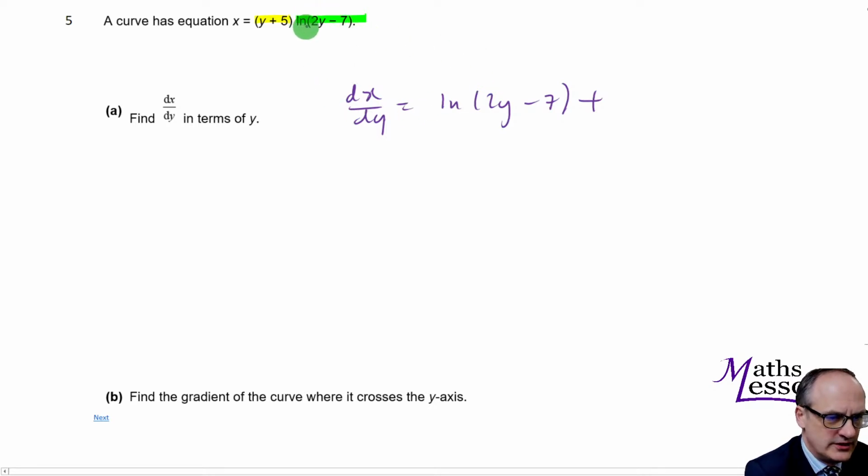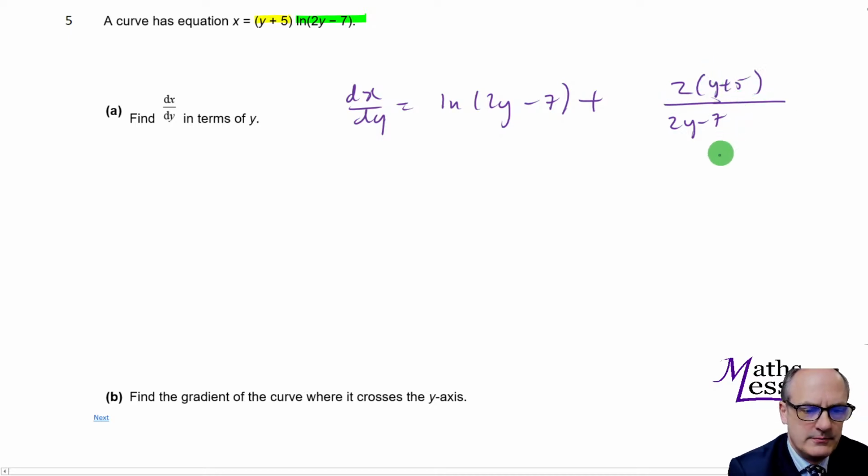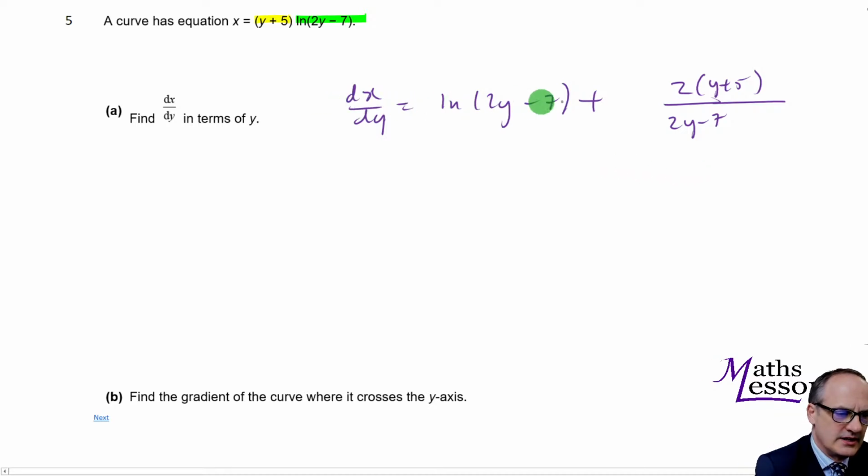Differentiating natural log, you just get the derivative of 2y minus 7, which is 2, over the 2y minus 7. And then we need to times that by y plus 5. So let's just put it there. If you're timesing a fraction by a value, you times the top by that value. So that gives us our derivative of dx by dy in terms of y.